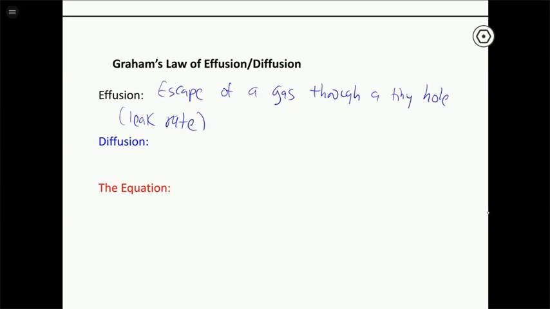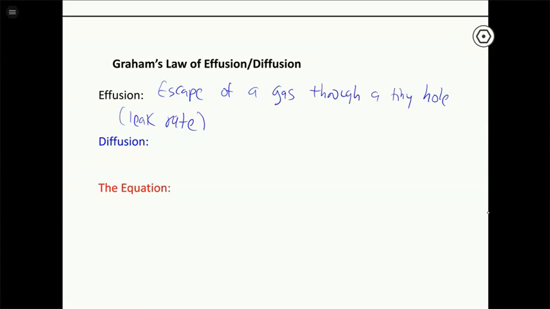It might sound very intuitive to say the rate that a gas leaks out of an opening is related to how fast those gas particles are moving. If they're moving faster, gas particles are going to get to the opening a lot more frequently. If they're moving slower, they're going to get to the opening a lot less frequently, and they're going to leak a lot slower. So the effusion rate is, of course, related to the velocity.